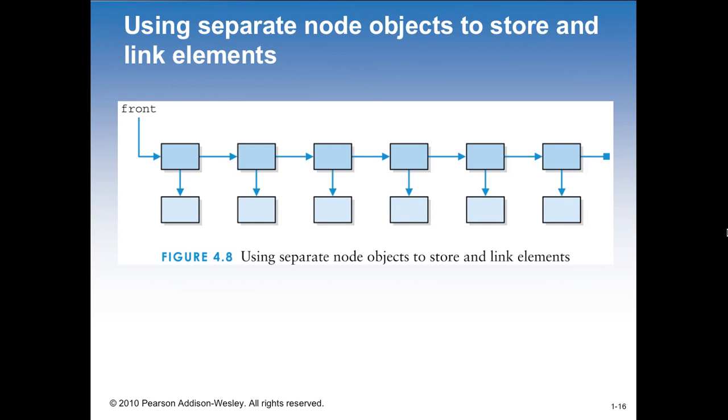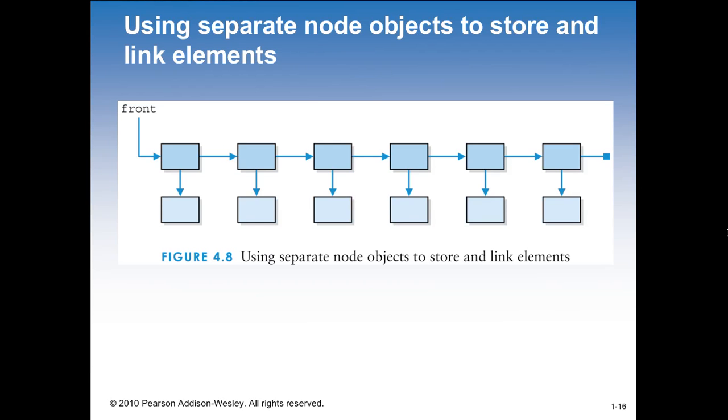So here we're using a separate node object to store the linked elements. And this is where we come into the concept of having nodes that are put into trees, or having nodes that are put into lists. So in C++, when they teach you how to create a linked list, you create a list, and you create a node, and you put the nodes in the list. So you actually have two structures instead of one that you're working with.